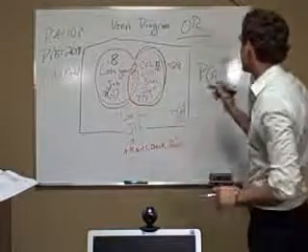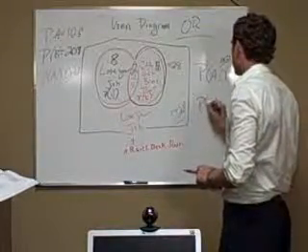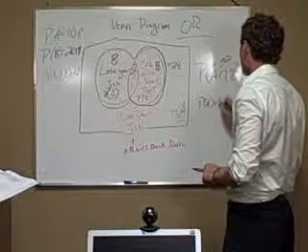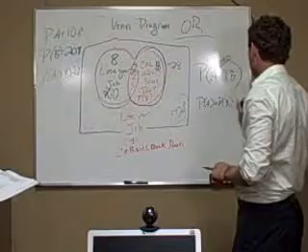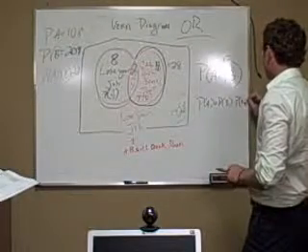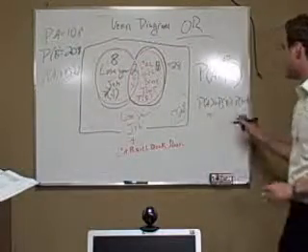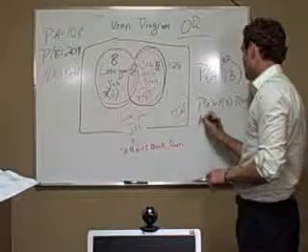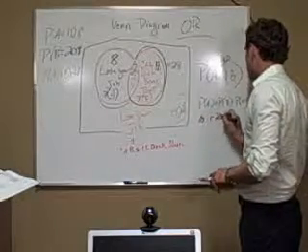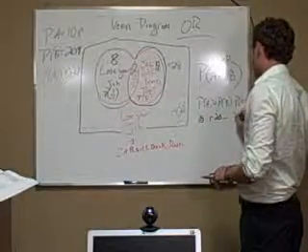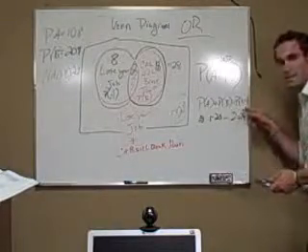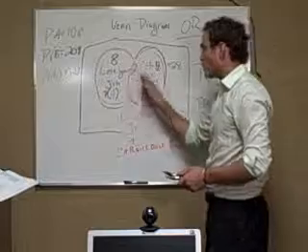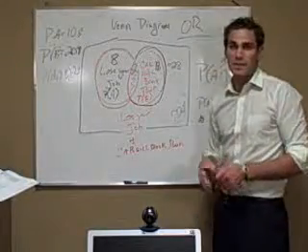Now, the general addition rule says it's the probability of A plus the probability of B minus the probability of A union B. Or 10 plus 20 minus 2 equals 28. But this doesn't make any sense unless you see the overlap, which is represented in the Venn diagram.